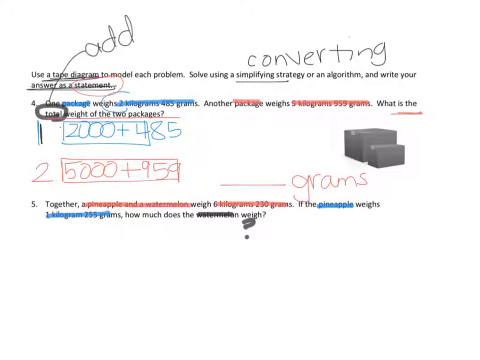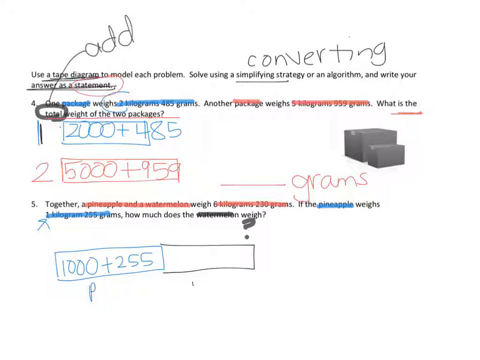So for this one, I'm going to do the pineapple, because I know it. 1 kilogram, which I know is 1,000. 1,000 plus 255 is the pineapple. And then I have a watermelon, but I don't know how much that is. But I do know that all together, they're 6, so that's 6,000.